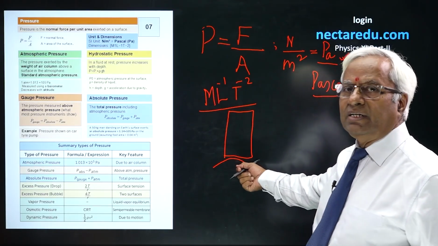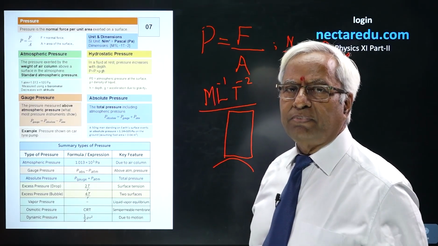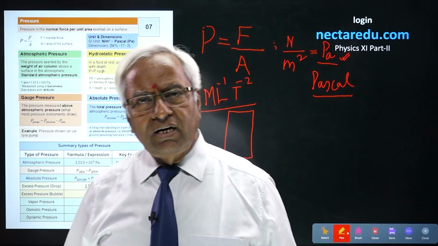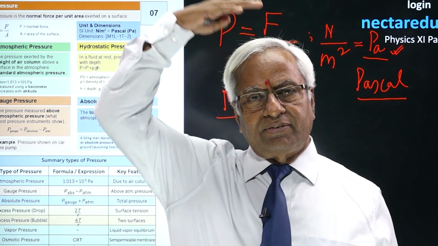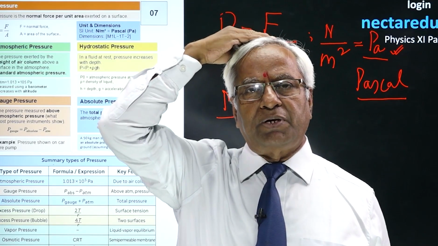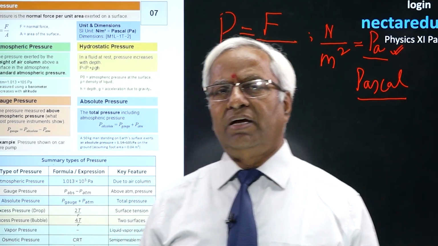Force per unit area experienced by the earth is called atmospheric pressure. Why only earth? If you are standing, some pressure will be experienced on your head because of the atmosphere. That is what we call atmospheric pressure.